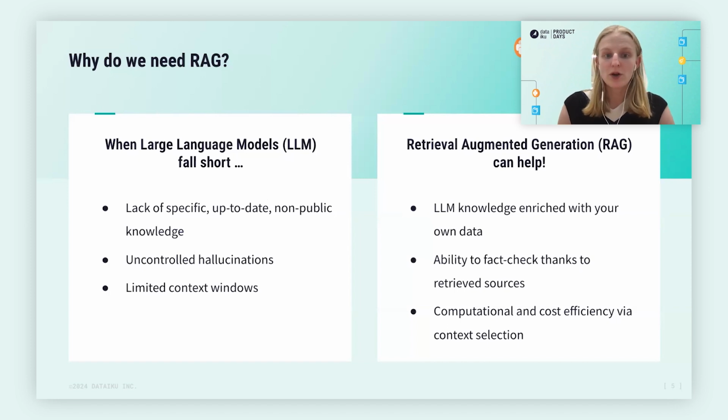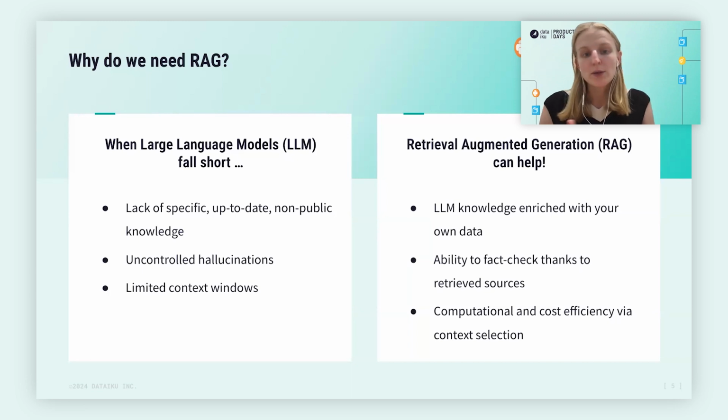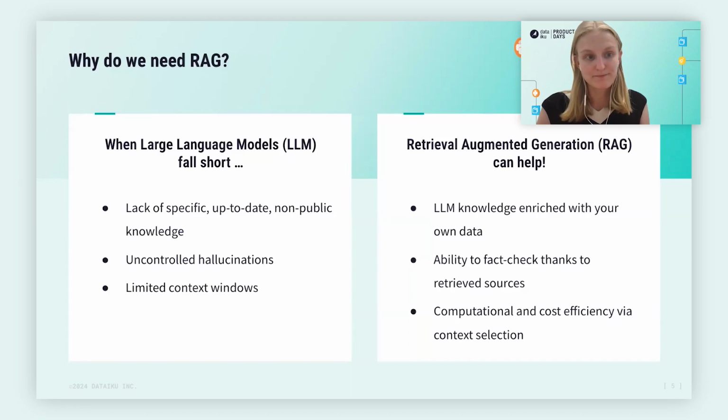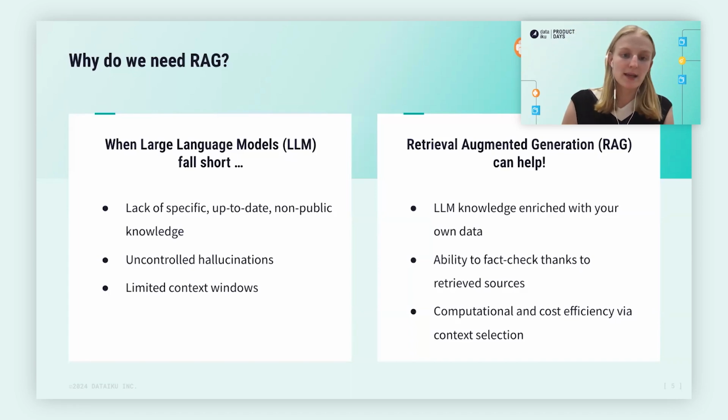If you ask a question on a very recent fact, you won't get an accurate answer, etc. The second problem is the uncontrolled possibility for hallucinations. So what do we call an hallucination? It's a scenario where a large language model generates an incorrect answer that looks very credible, very real, and there is no way to fact-check the LLM answer, which can be obviously problematic in a business context.